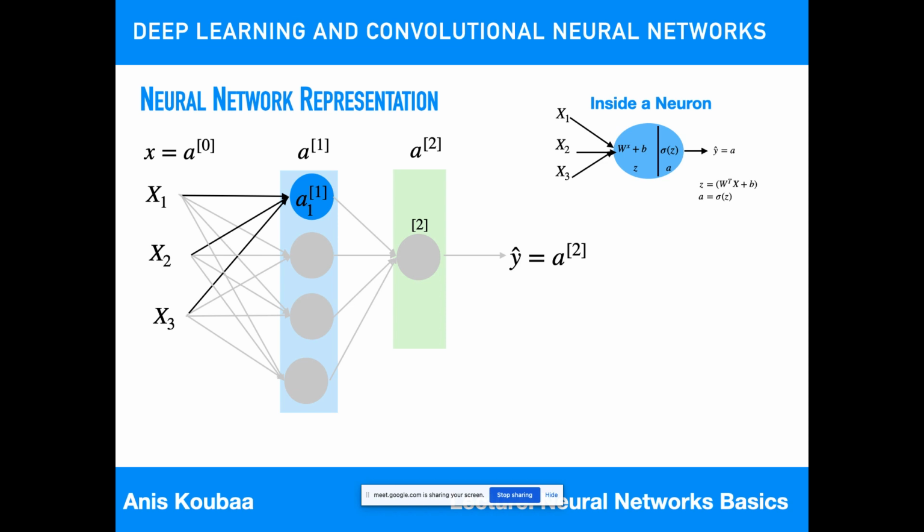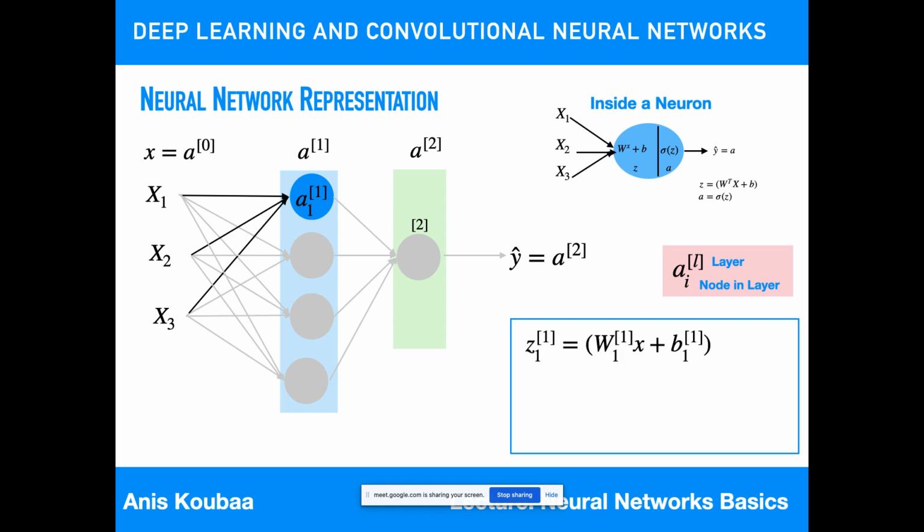So this happens inside only one neuron, the first neuron. A of L, I is the output in layer L, in node I. This is the first output in the first layer, and this node is going to calculate Z1 of 1, the output Z in the first node of the first layer, equal to W1 of 1 multiplied by X, the input vector, plus B1 of 1.